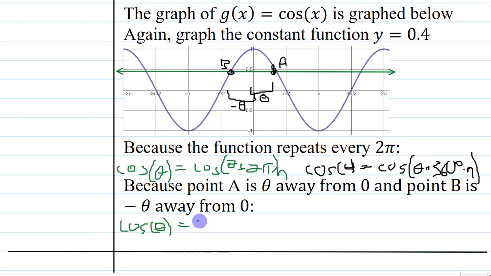I do cosine of negative theta. And this rule works because this function is even. Even just means if I had this on a piece of paper and folded it across the y-axis, then the line of the function would match up on both sides.